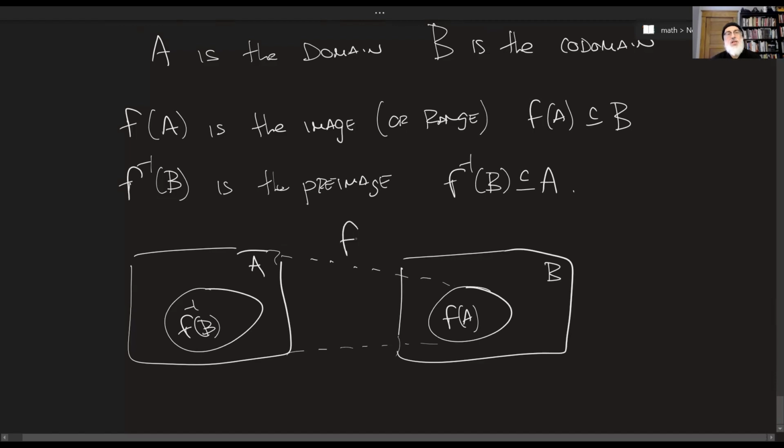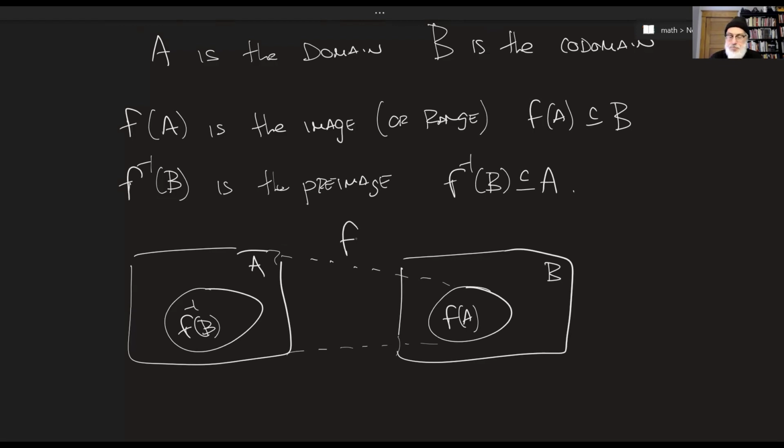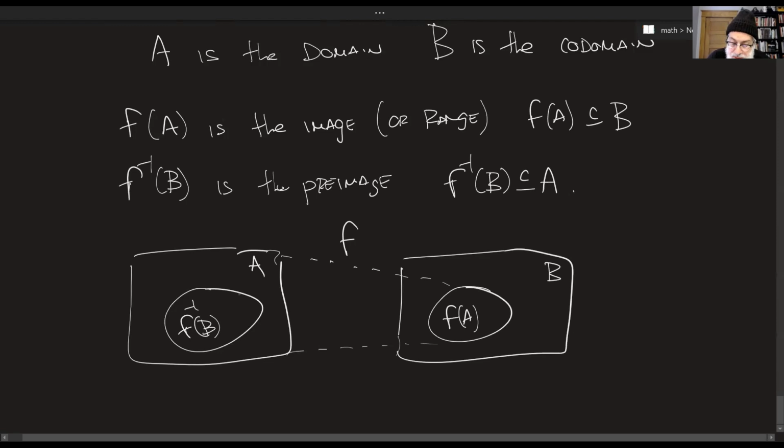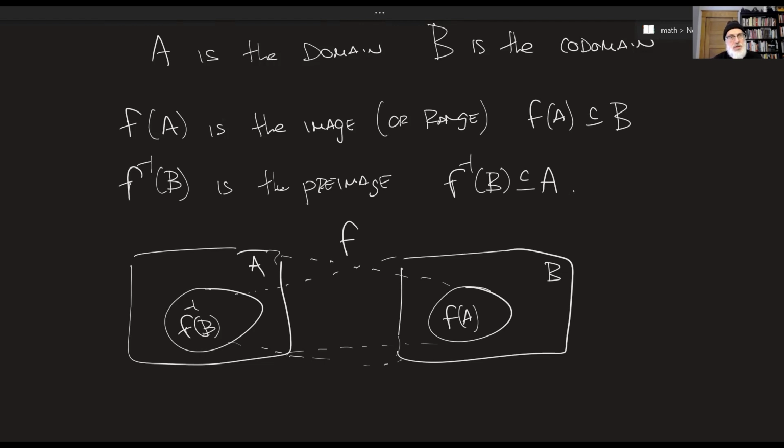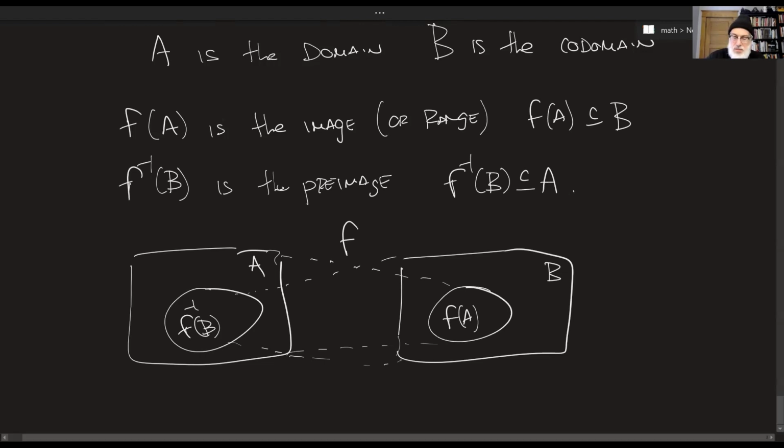F takes everything in A and maps it to that f of A, the image. Now this f inverse B, this preimage, is essentially taking the opposite. It's taking everything in B that has a mapping back in A. So the preimage can be a little bit confusing. Hopefully the image isn't something that you're unfamiliar with.